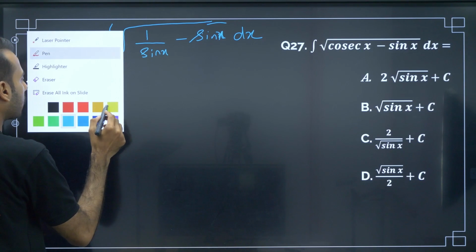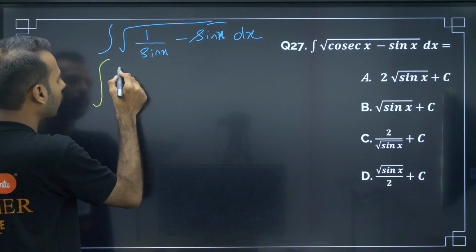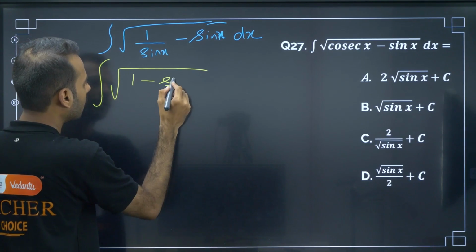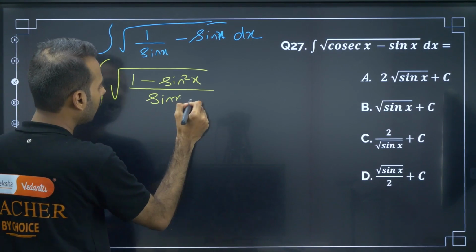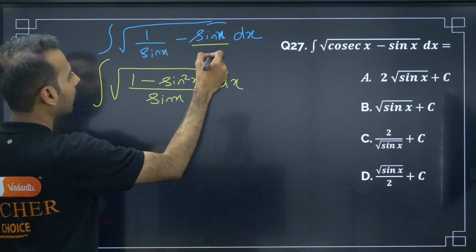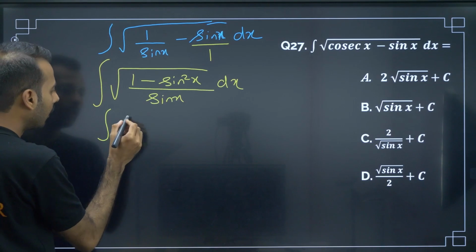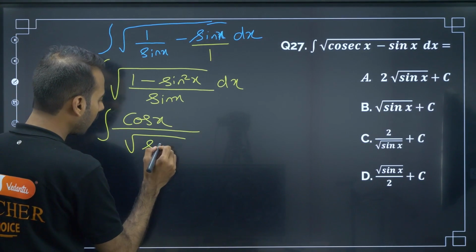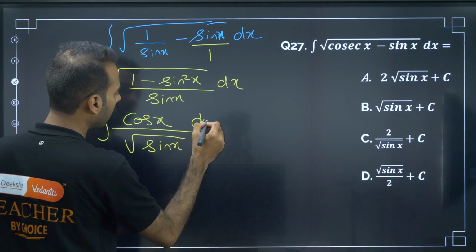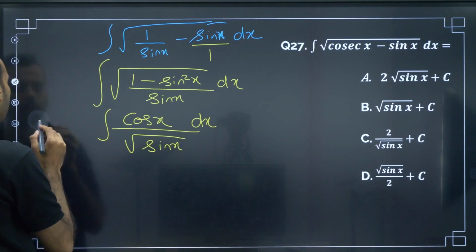So if I try to solve this, integration of root of 1 minus sin square x by sin x dx. I am just taking LCM. After taking LCM, this is cos x divided by root of sin x dx.